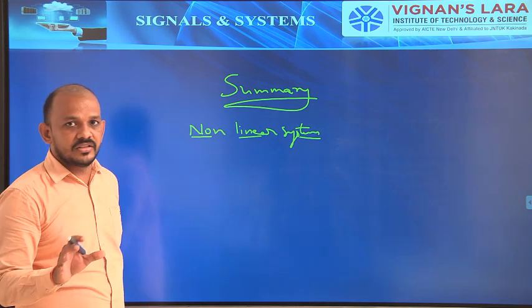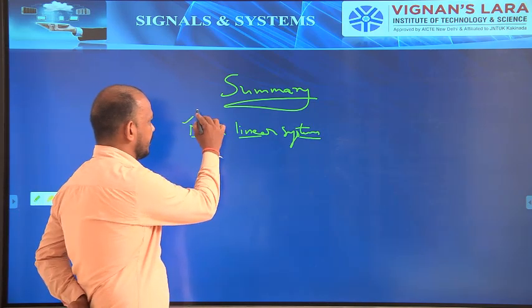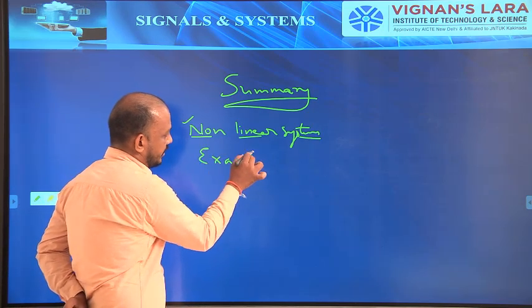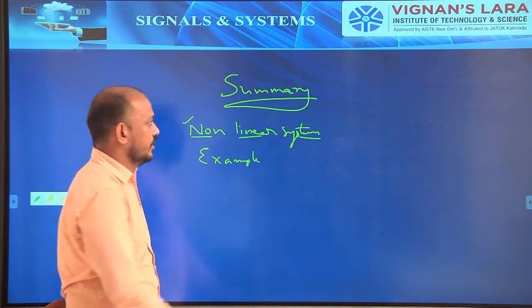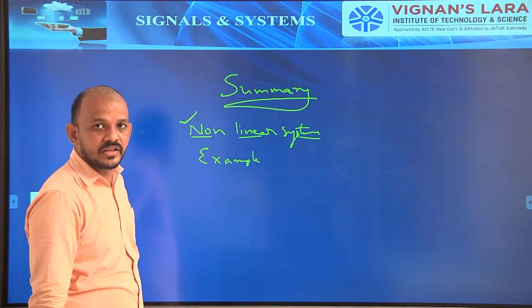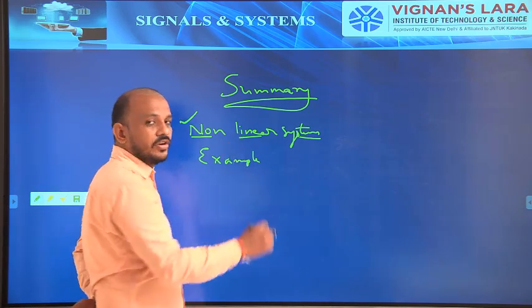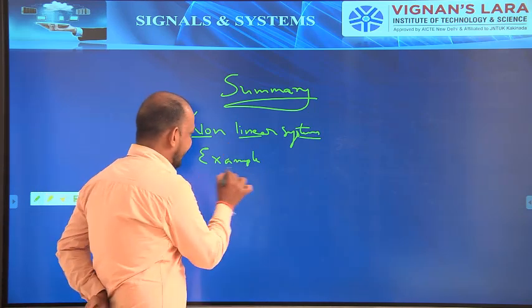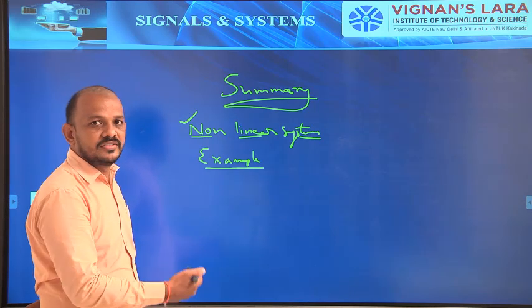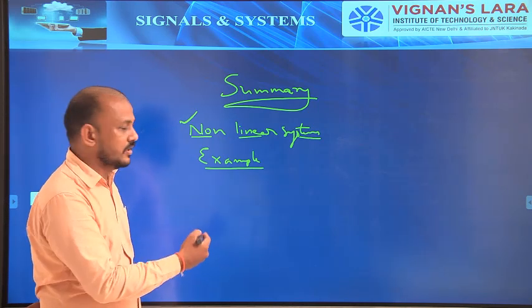I explained the concept of non-linear first, and then I took an example system equation for clearly understanding the concept. I proved that the system is a non-linear system, and I explained the procedure thoroughly.